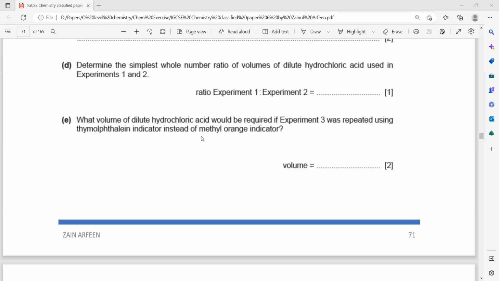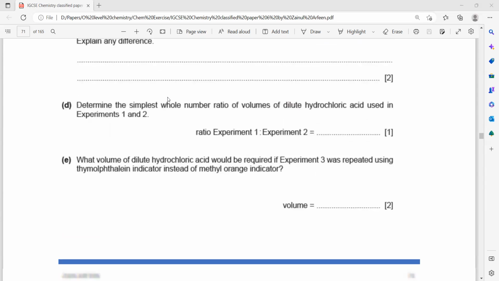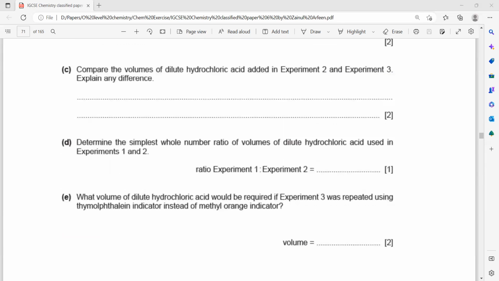Determine the simplest ratio of the volume, compare the volume of hydrochloric acid and explain any difference. Why we need different amounts of hydrochloric acid, you have to mention the reason here. So what might be a reason? Solution F is more concentrated, that's why you need greater amount of HCl. So compare the volume.